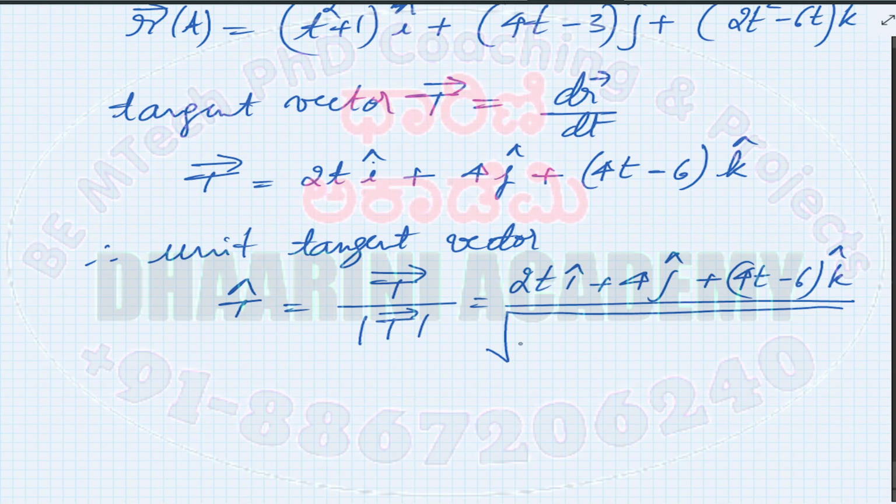So 2t squared is 4 into t squared plus 4 square is 16, then plus 4t minus 6 the whole square.